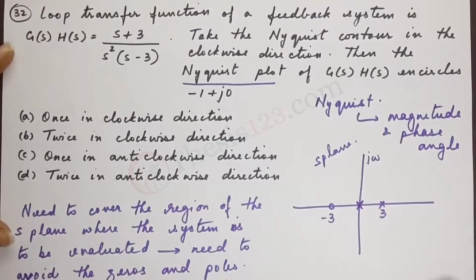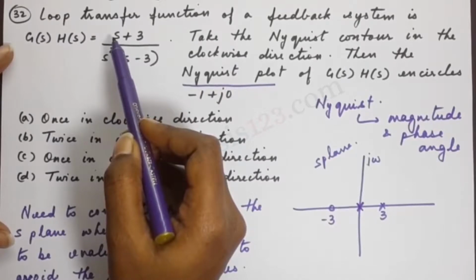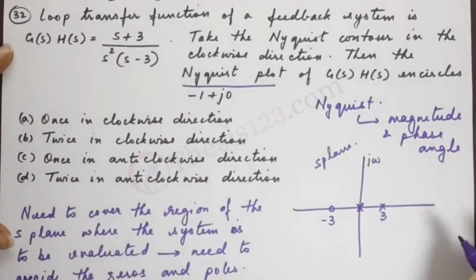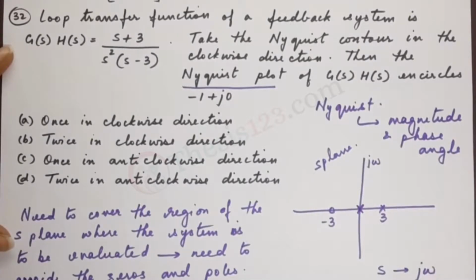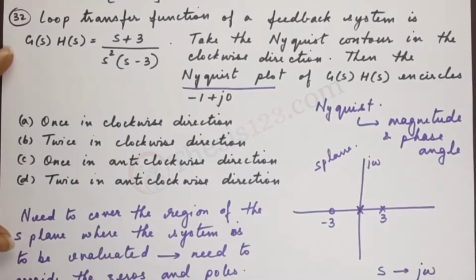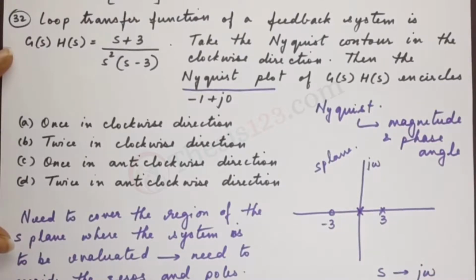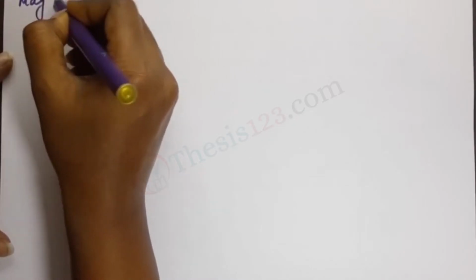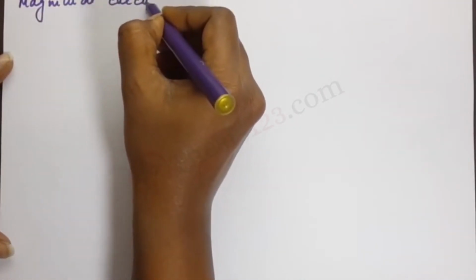The next thing is that each s term given here must be replaced by j omega. By replacing s with j omega, we evaluate the magnitude and the phase. So let's start with the magnitude calculation.